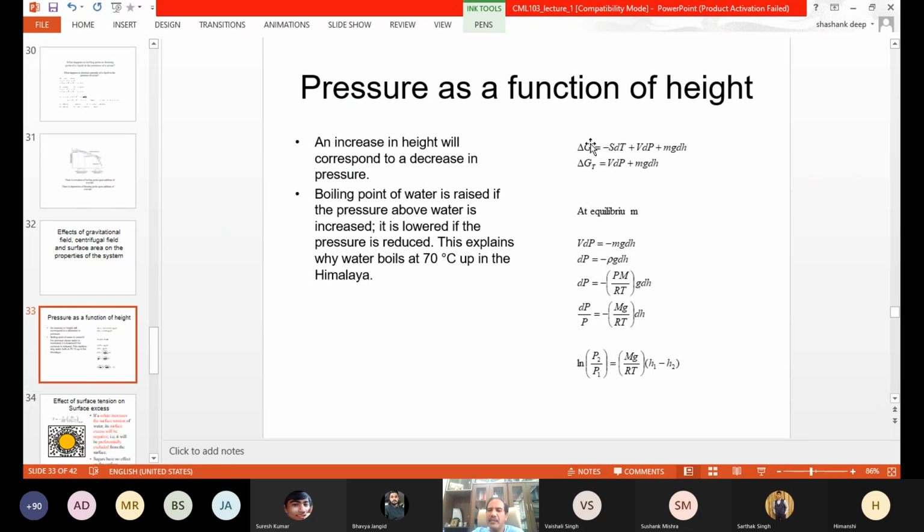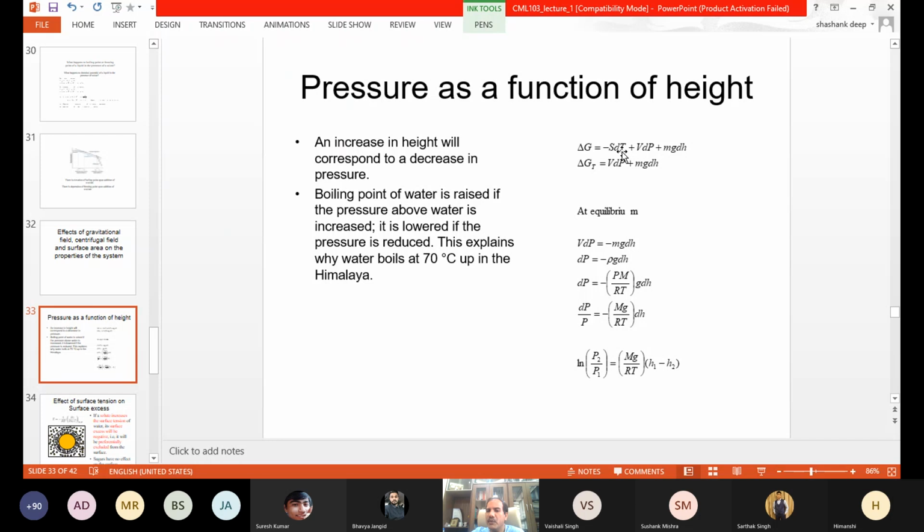At equilibrium delta G is 0, and then you can look at the effect of pressure on temperature or the effect of temperature on pressure. When we say effect of pressure on temperature, I am talking about the equilibrium temperature, for example the boiling temperature or the freezing temperature.